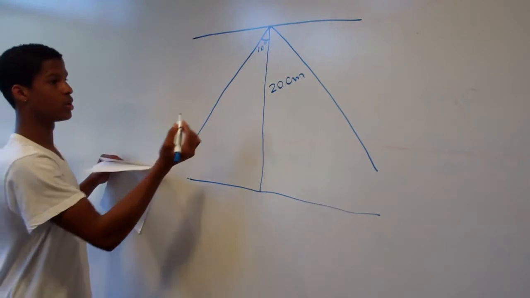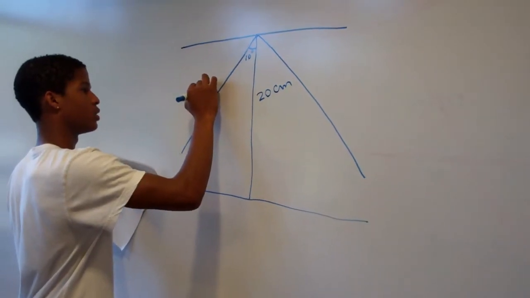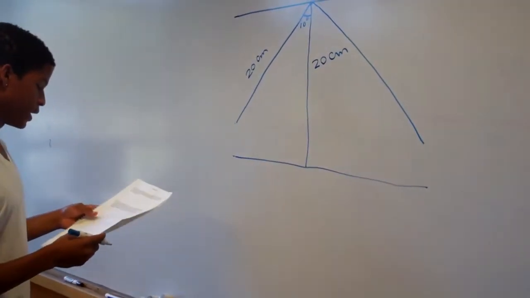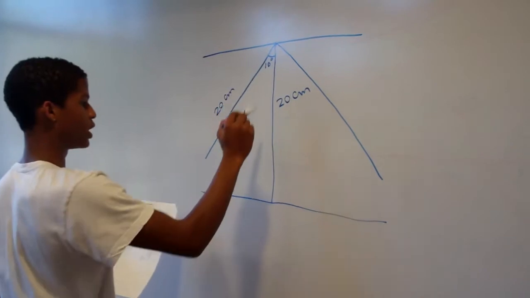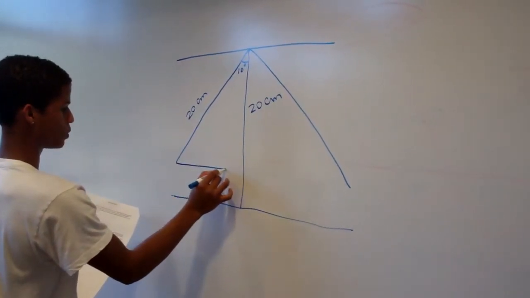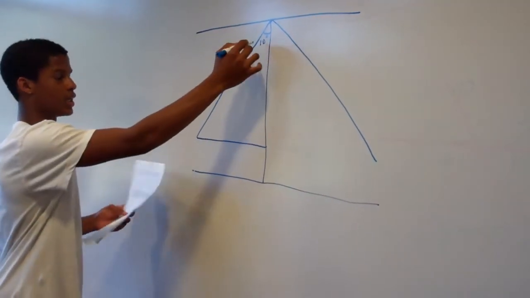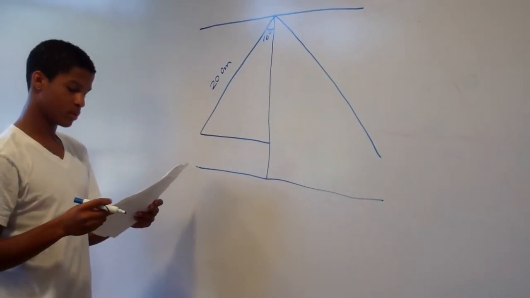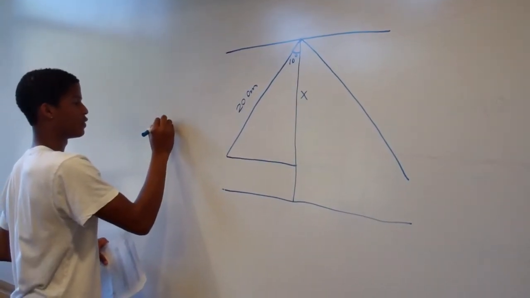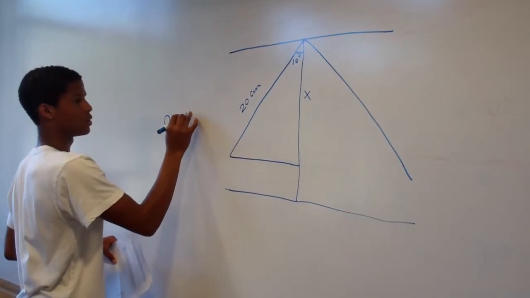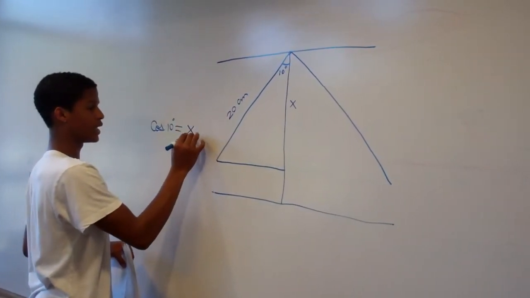And so, since we know right here it equals 20, and we know one side and an angle, and we're trying to find x, so we'll do cosine of 10 degrees, which is adjacent over hypotenuse, so it's going to be x over 20.